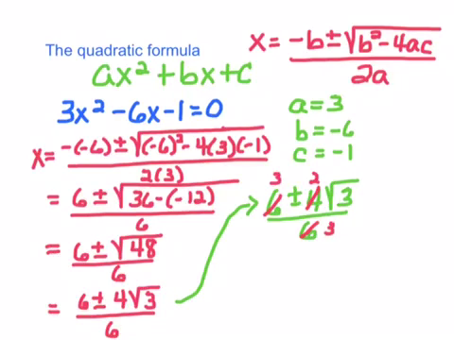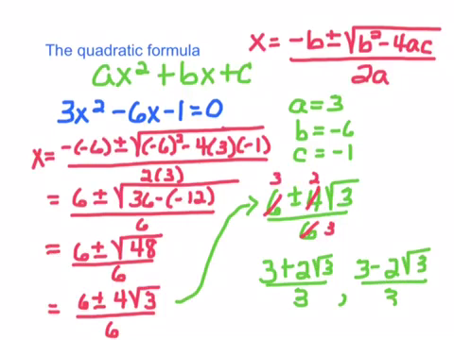And our simplified answer will be 3 plus 2 radical 3 over 3 and 3 minus 2 radical 3 over 3.